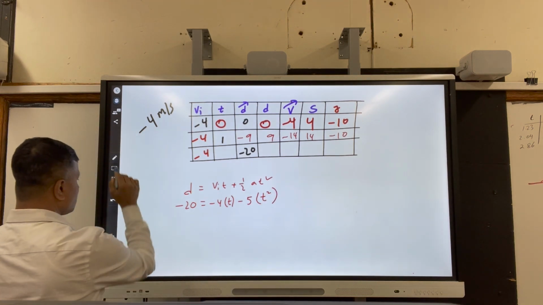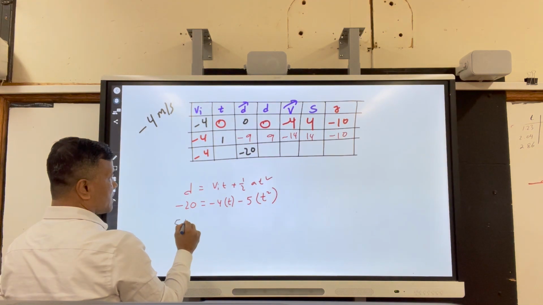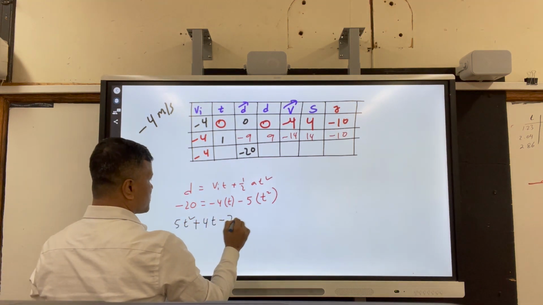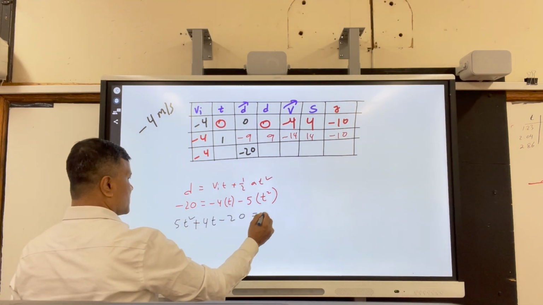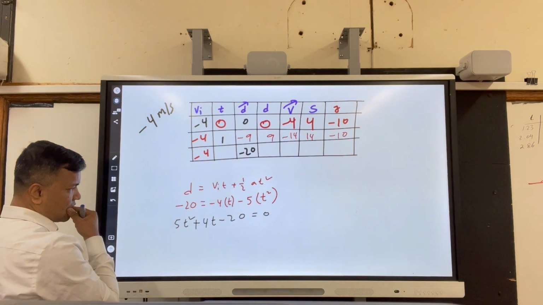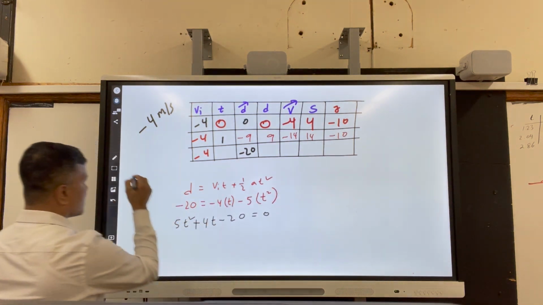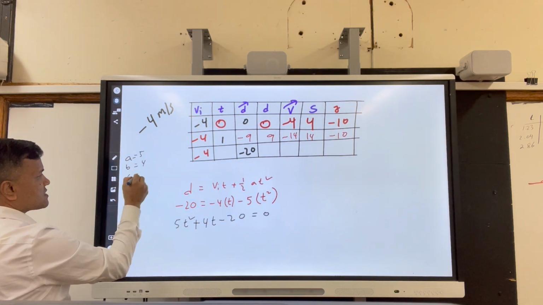Now it seems like we have to do a quadratic, so you have 5t squared plus 4t minus 20. Let's see whether we can do factoring. Factoring is not good. So a is 5, b is 4, and c is negative 20.